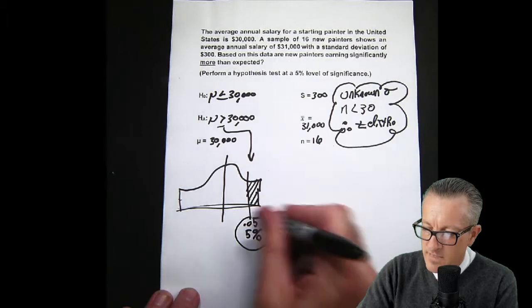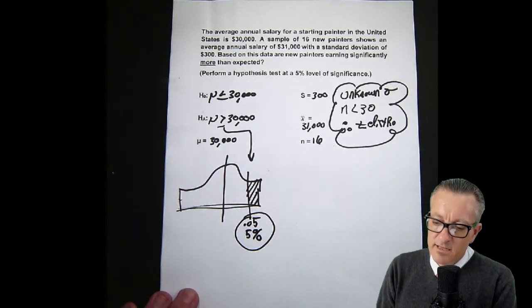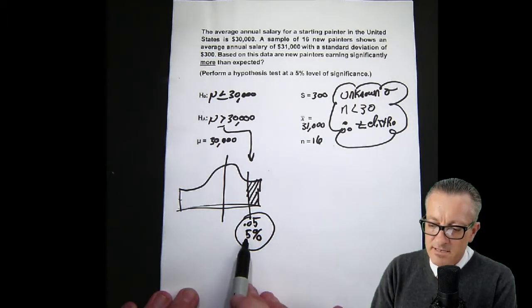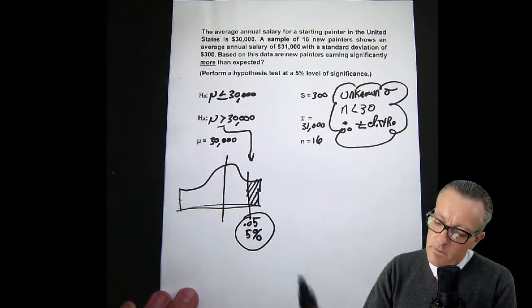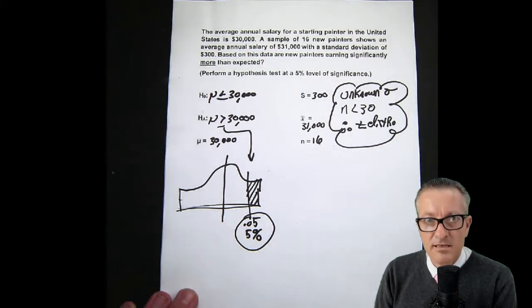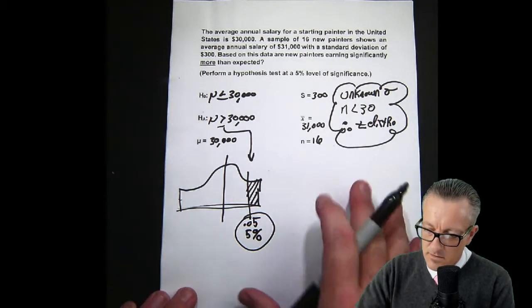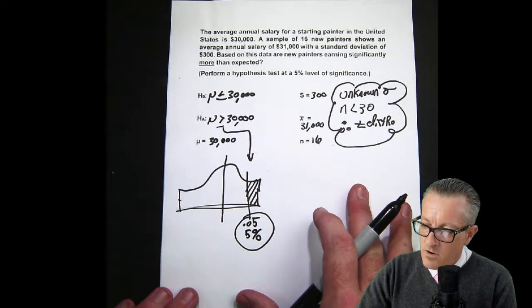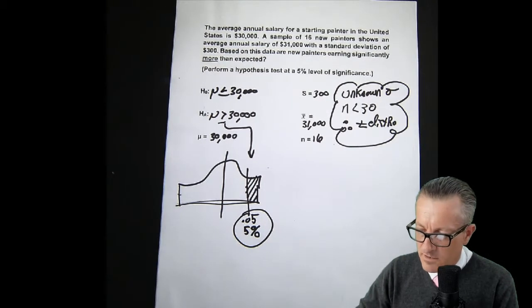What that means is if we get into this area and have a calculated value less than 5%, then we're okay with the possibility that we might be wrong a little bit. That's why you want to do these tests over and over to make sure that you're right. One hypothesis test is not going to be the end all. Okay, so we have this laid out, and now let's go to our calculator.